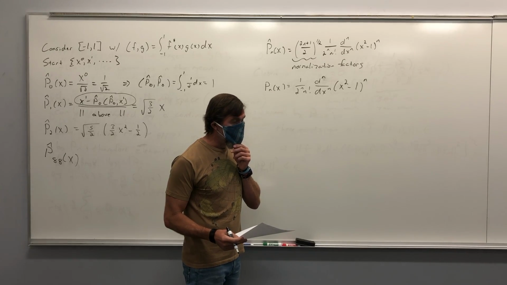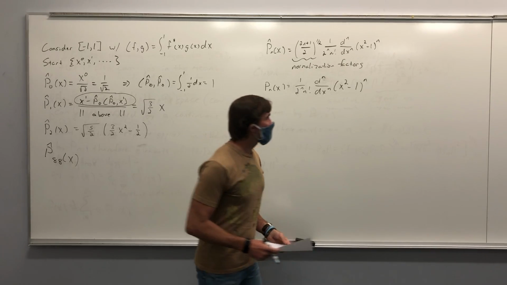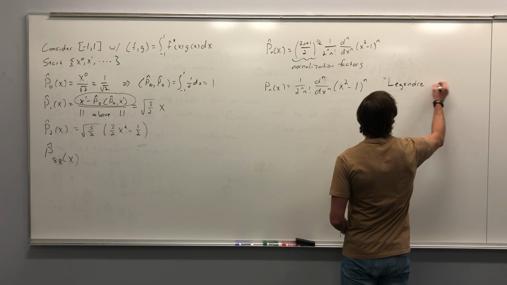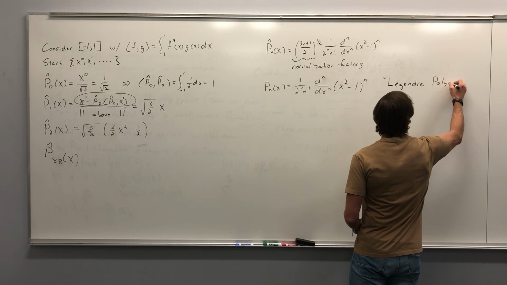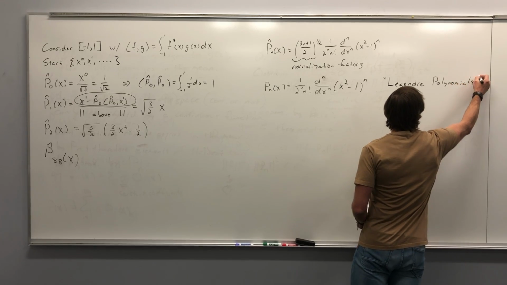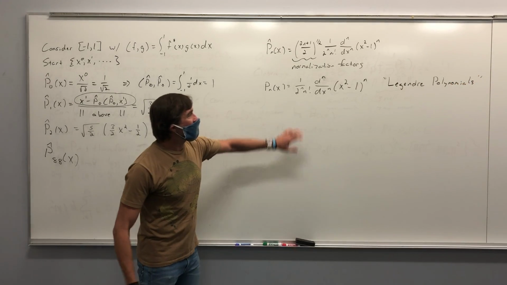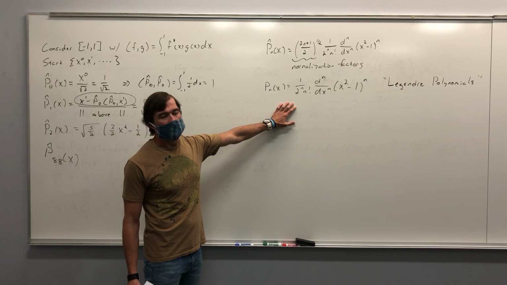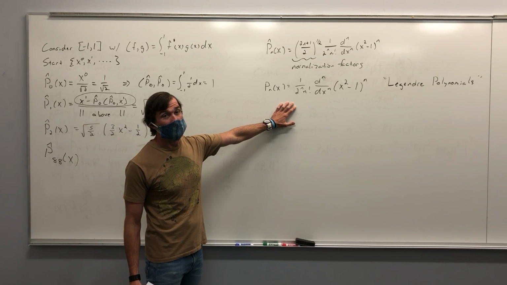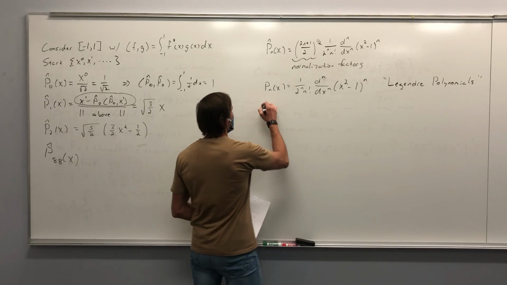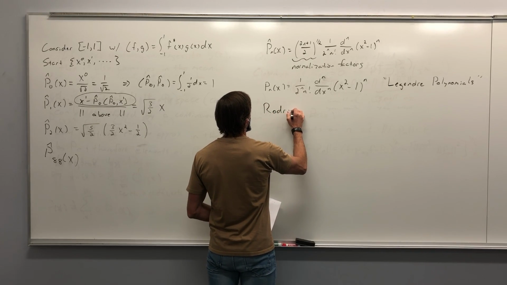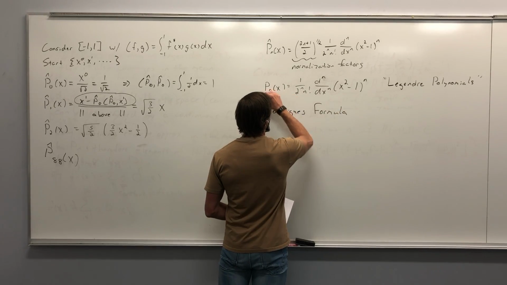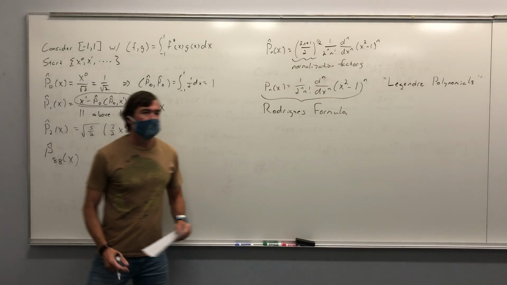Does anybody know their name? Legendre polynomials. These are the Legendre polynomials. And this shortcut to finding them is called the Rodrigues formula.